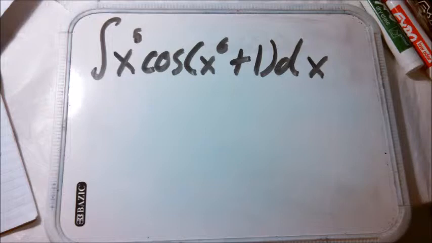Here we have a differentiable function, the integral of x to the fifth times cosine of x to the sixth plus 1 dx. When we look at the function, we substitute the simpler one. In this case, it's x to the sixth.